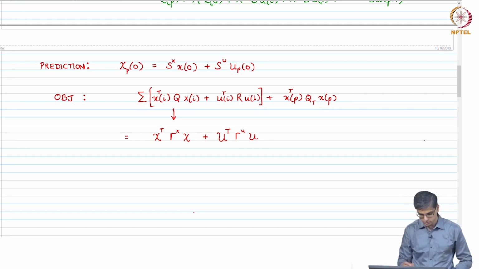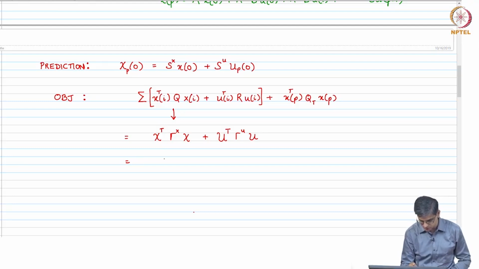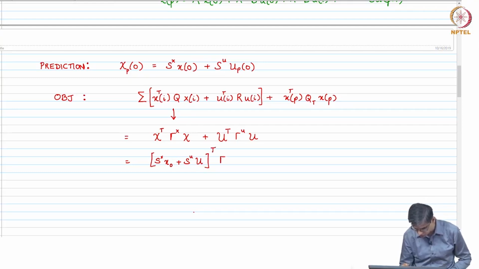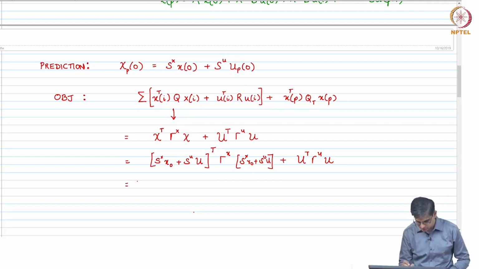Okay. So, this is your objective function and you can kind of just work this out. X is nothing but Sx x naught plus Su capital U, transpose gamma x, okay, as we had done earlier.